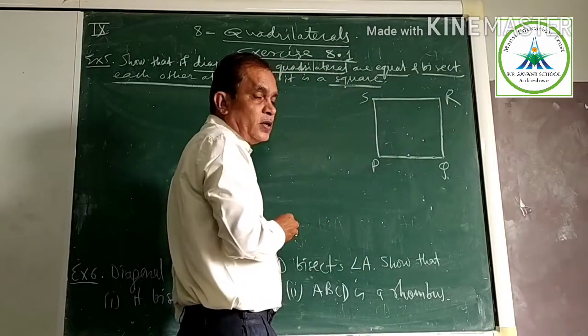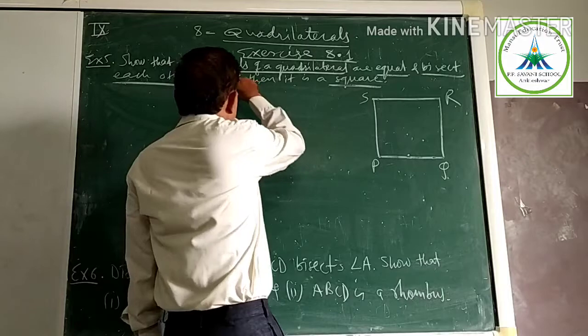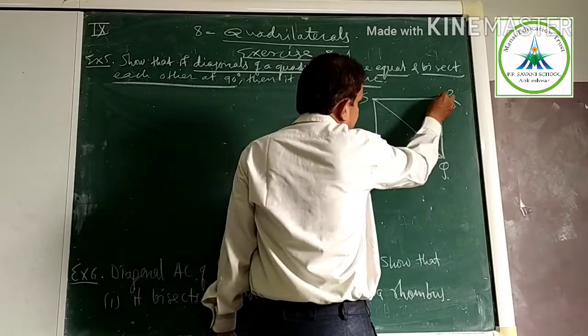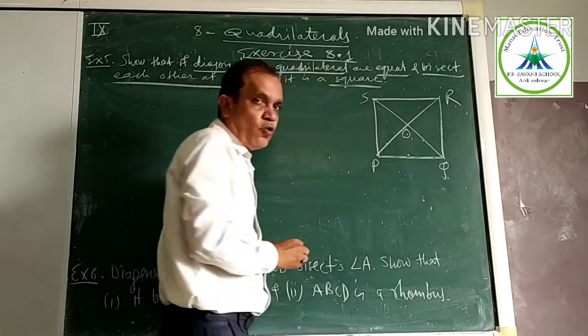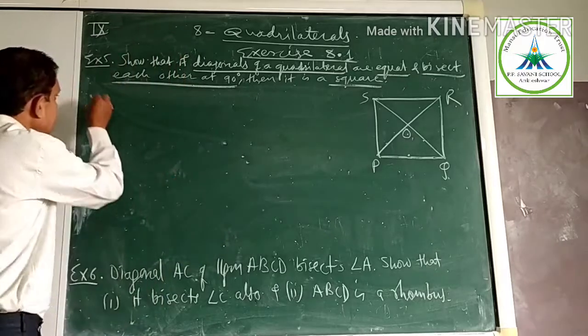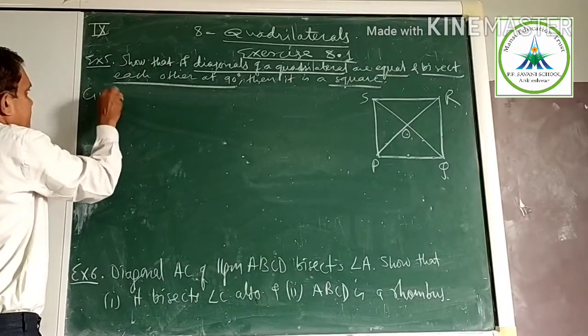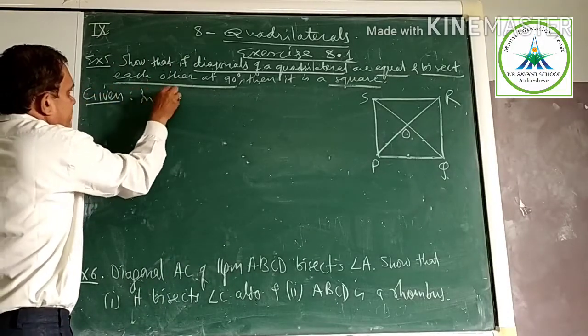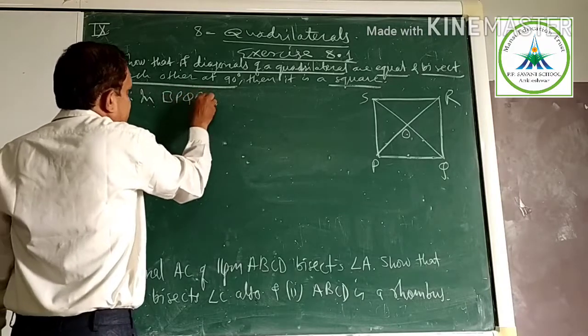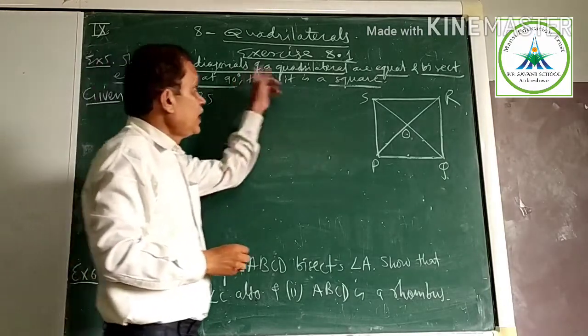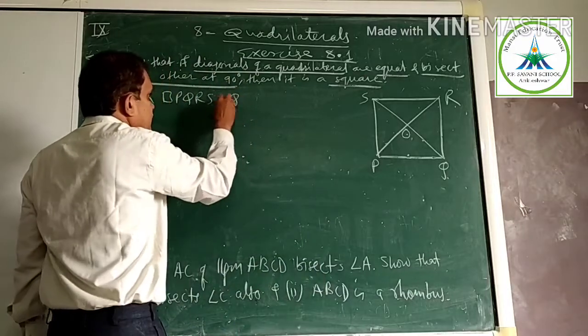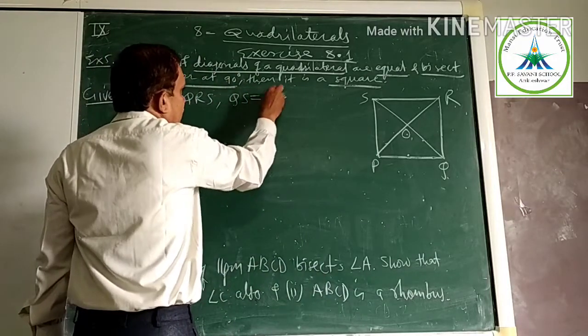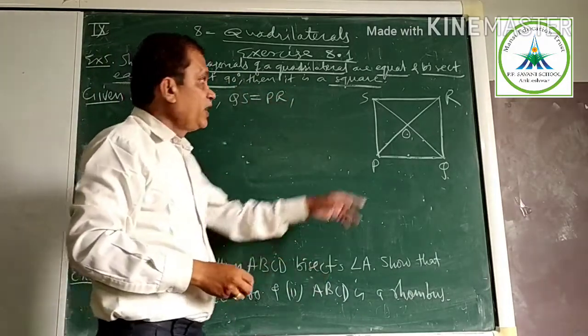Now see, they are taking diagonals, so draw the diagonals with the point O. I will write the given. In quadrilateral PQRS, what is given? Diagonals are equal: QS equal to PR, and they bisect each other.